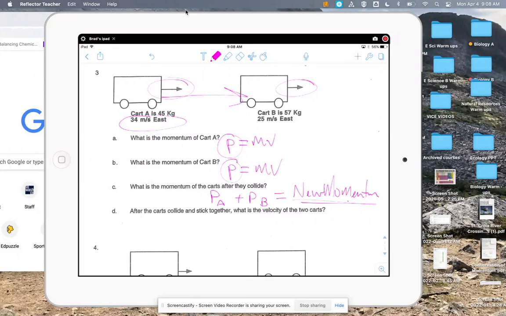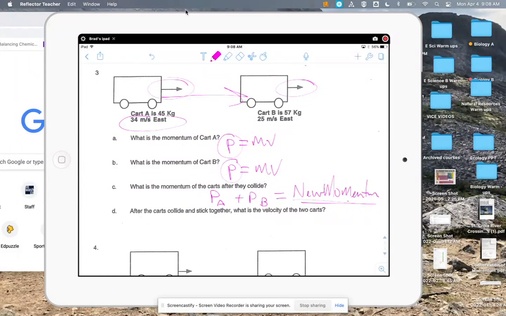Now after the carts collide and stick together, what is the velocity of the two carts? Again, you're going to be solving for V in each one of these. After they stick together, you'll know their mass, you'll know their momentum, and so you can use algebra to solve for this.